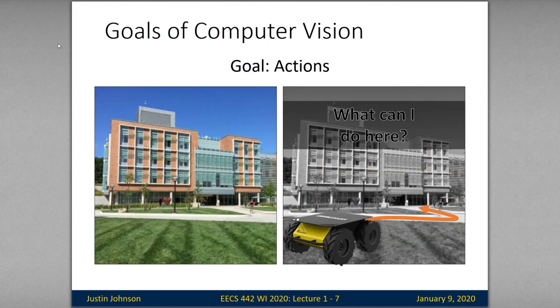Then if we have a robot or an autonomous device, this knowledge about the 3D structure allows this autonomous vehicle to make intelligent decisions where it can drive and also drive safely, avoiding, for example, humans.